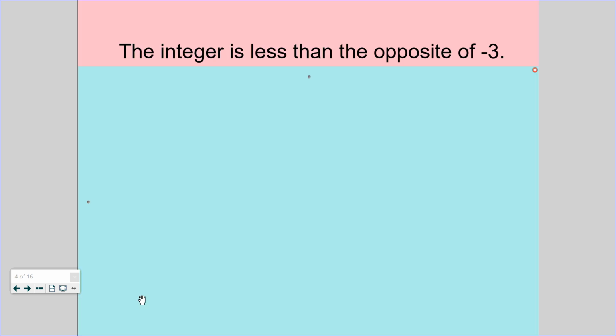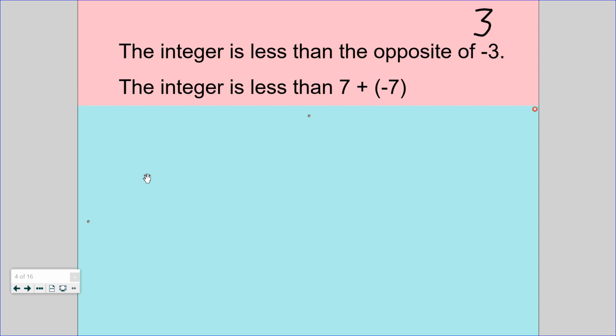Next one. The integer is less than the opposite of -3. What's the opposite of -3? 3. So it has to be less than 3. It could be a negative or a positive: 2, 1, 0, -1, -2. It is less than 7 plus -7. If I have 7 positives and I combine it with 7 negatives, I'll draw it for those who cannot visualize it.